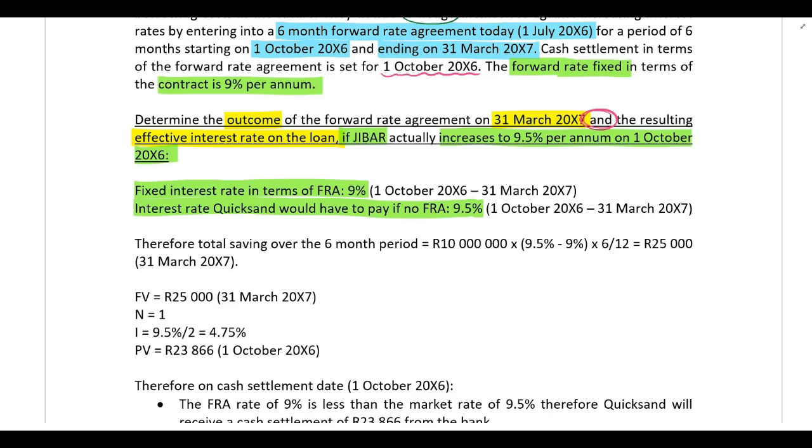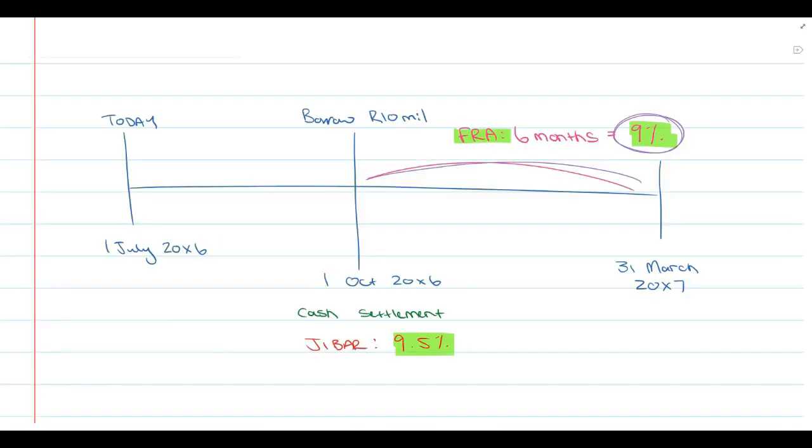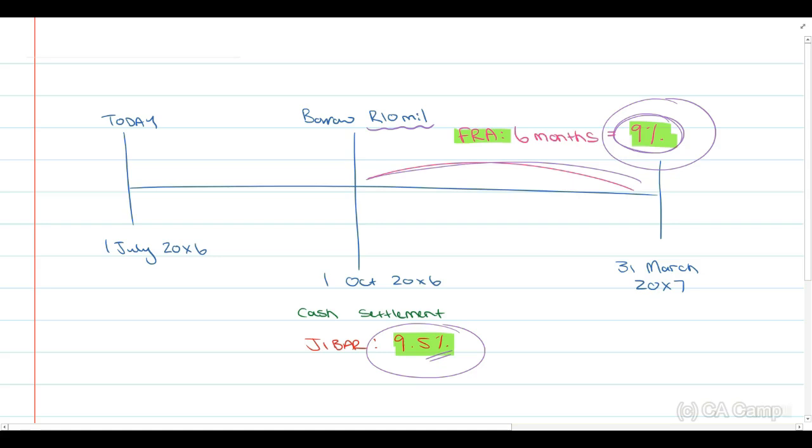Therefore, let's calculate the total saving that they have over that 6-month period. Do you guys agree we have a saving of 0.5%? Because instead of paying interest at 9.5%, they're going to pay interest at 9%. So we have a 0.5% saving. The loan amount is 10 million rand. So we're saving 0.5% on 10 million rand over a period of 6 months.